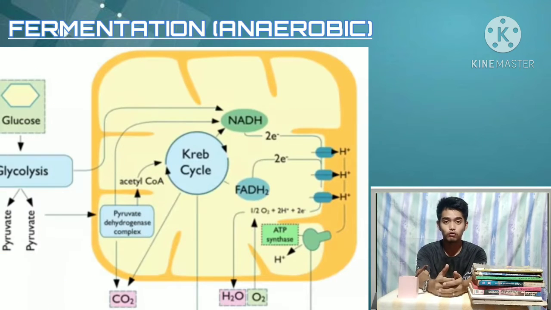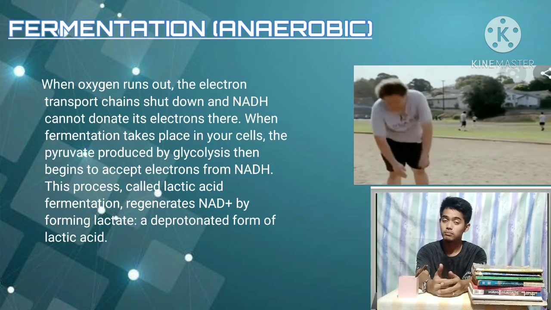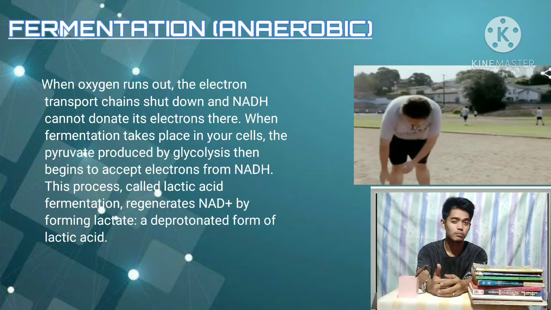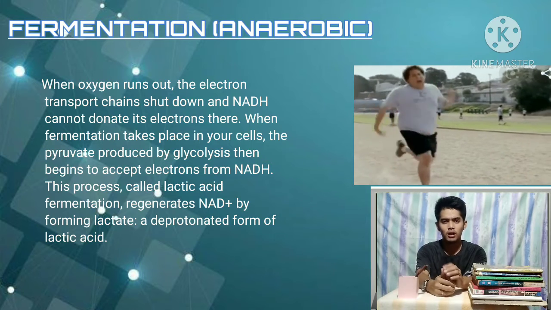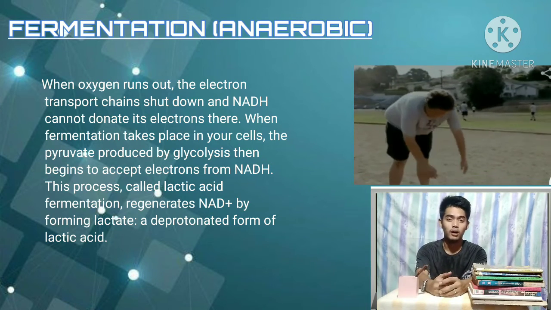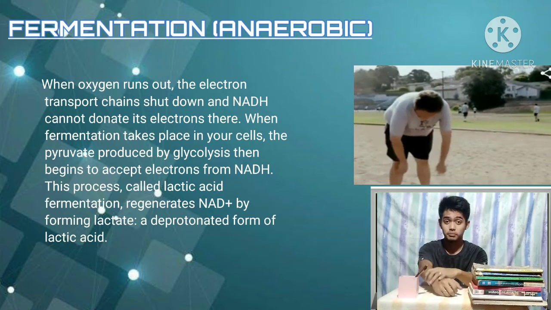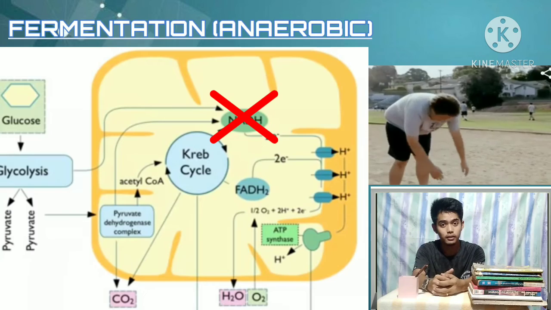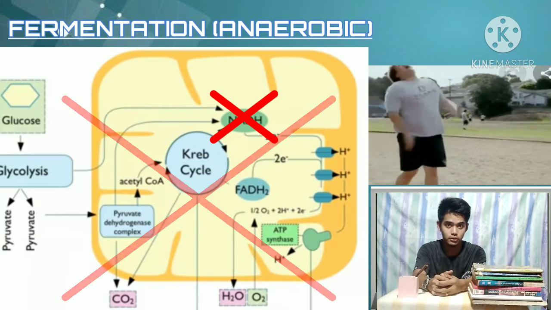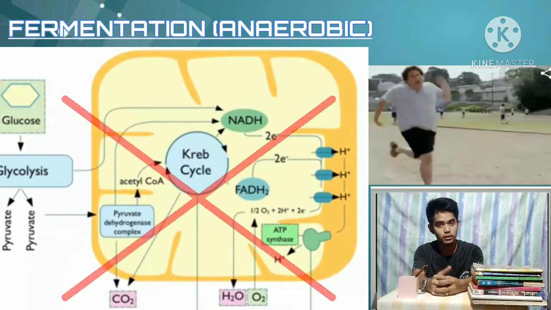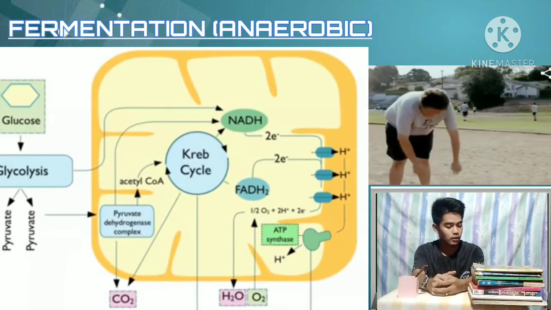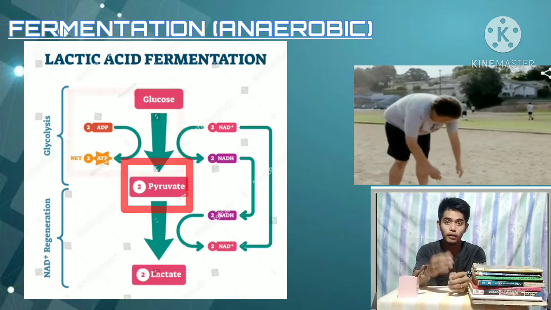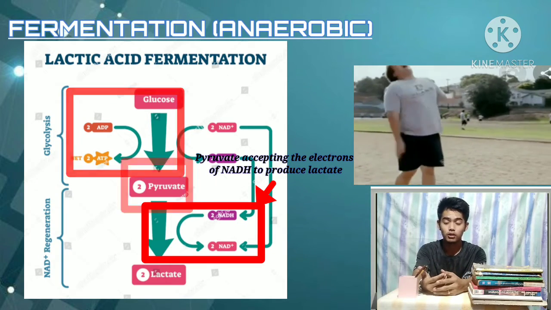When you run up a long flight of stairs, your muscles begin metabolizing glucose so fast that the supply of oxygen is rapidly used up by their mitochondria. When oxygen runs out, the electron transport chains shut down, and NADH cannot donate its electrons there. When fermentation takes place in your cells, the pyruvate produced by glycolysis then begins to accept electrons from NADH.